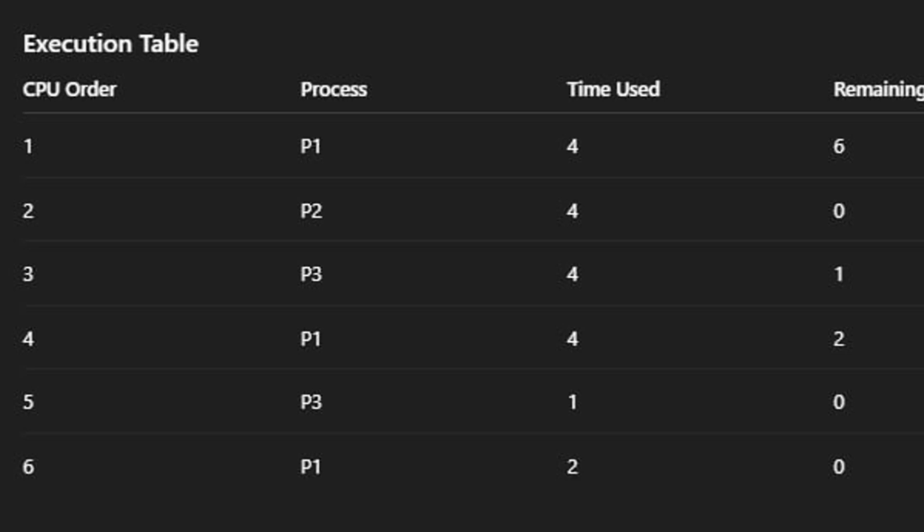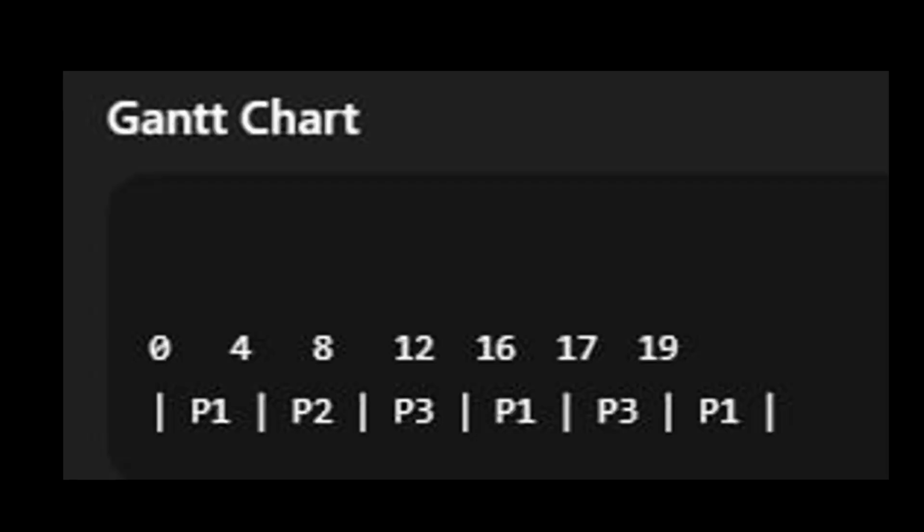So let's move on to the waiting time and the turnaround time, and also the Gantt chart, shall we? Let's go. As you can see, this is the Gantt chart. All processes start at 0, and P2 finished at time 8 because it has a burst time of 8, and 4 is the quantum.